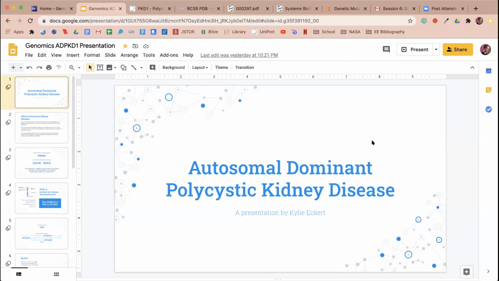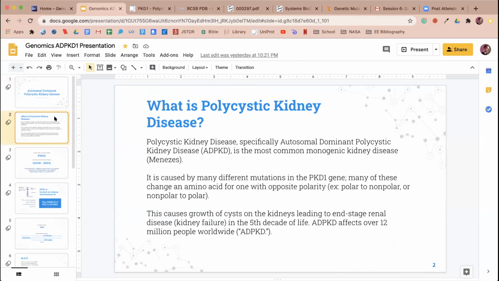Yep, we can. So I picked a disease that was not one of the listed ones because it's something I'm personally very interested in. Unfortunately, there was not a lot of information about it, so that was more difficult than I anticipated. I was researching autosomal dominant polycystic kidney disease, and it is caused by a mutation in the PKD1 or PKD2 gene.